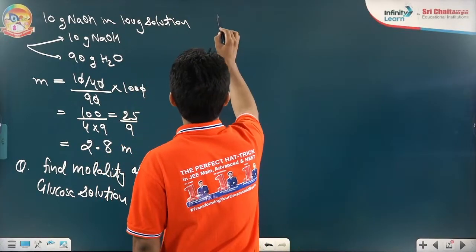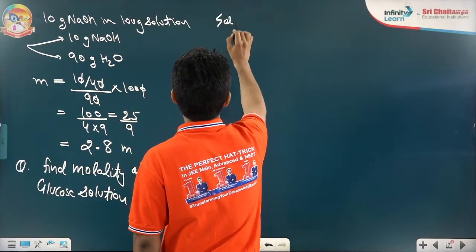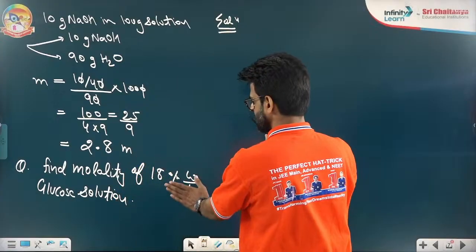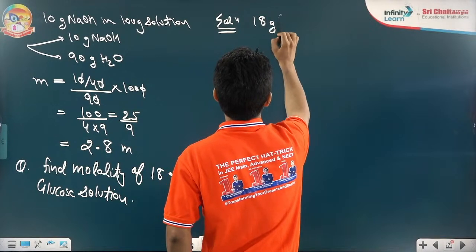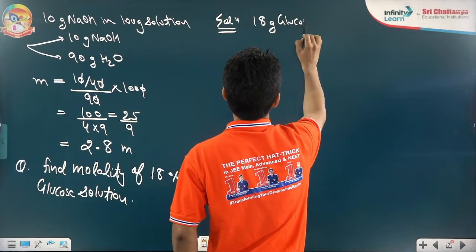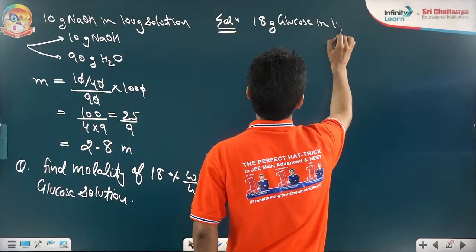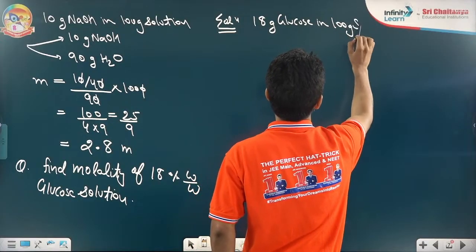The first thing is to be clear what they are trying to say. Whenever this line comes, it means they are saying 18 gram glucose in 100 gram solution.